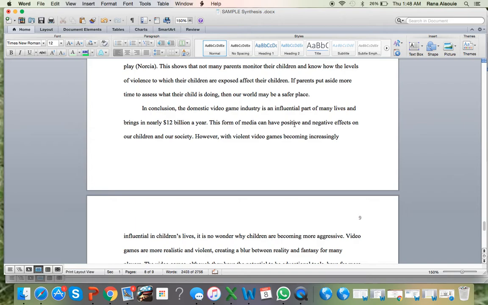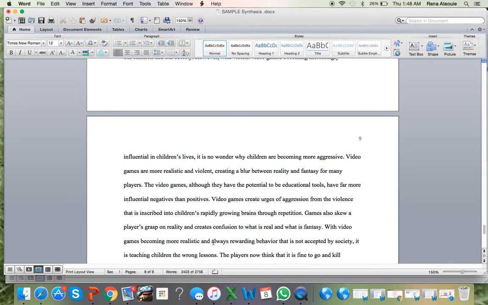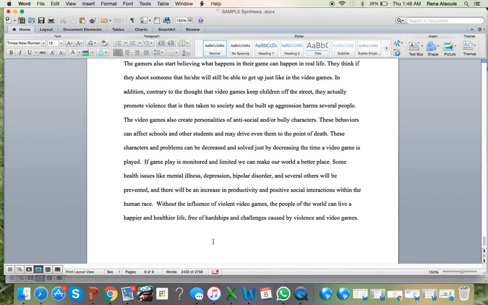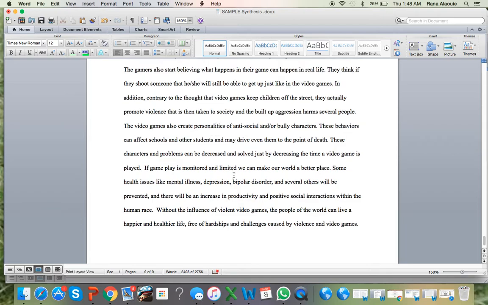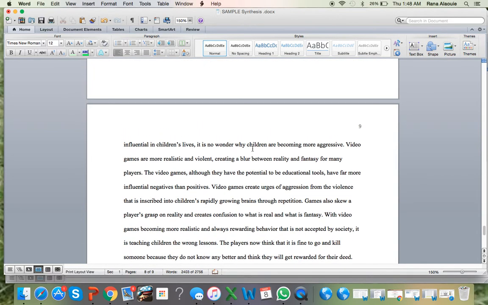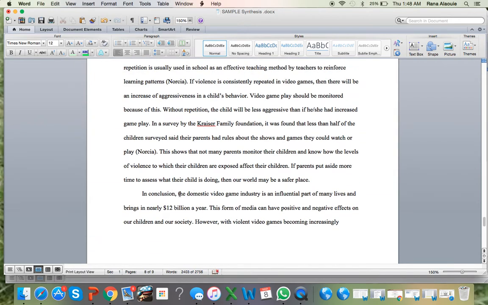"This form of media can have positive and negative effects on our children and our society. However, violent video games are becoming increasingly influential in children's lives. It is no wonder why children are becoming more aggressive." She's going on and on here. The claim is somewhere in here, but she didn't say it explicitly, and it must be said explicitly, right here.